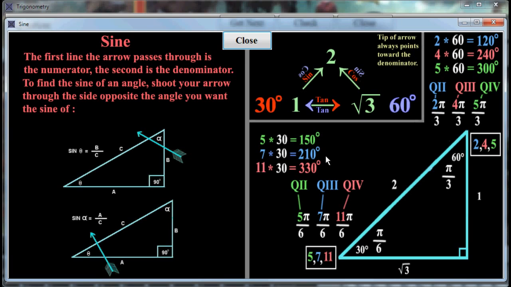Add a 0, you got the angle there. 11 times 30 is 330. Works the same way up here. 2, 4, 5. 2 times 60, 120. And the order of these on each angle is quadrant 2, quadrant 3, quadrant 4. And then the quadrant 1s are always inside the triangle.